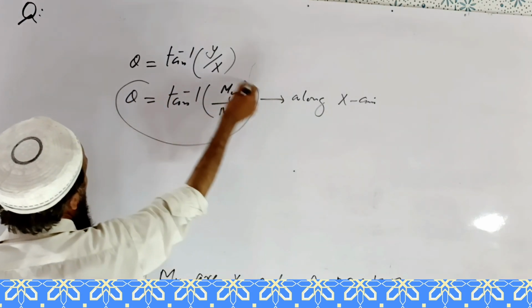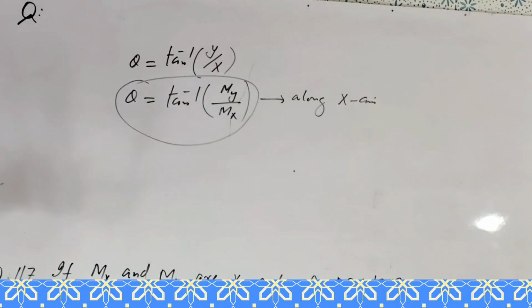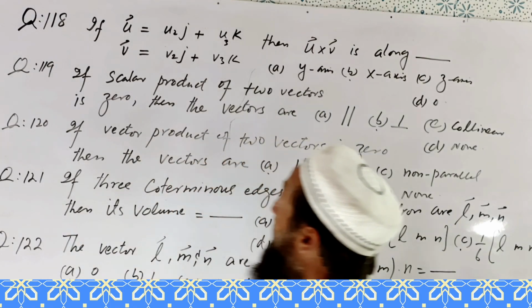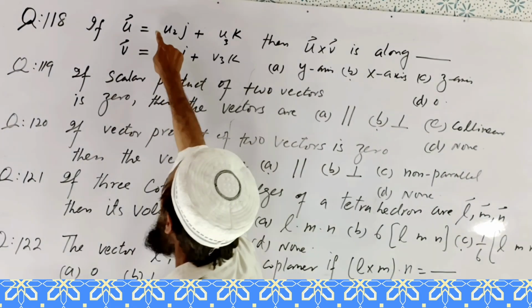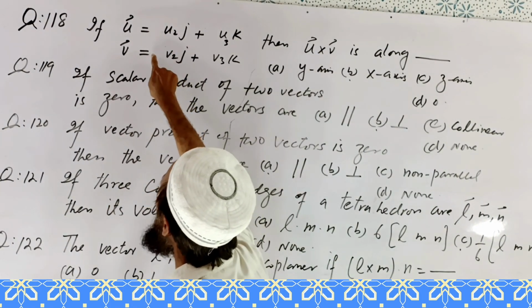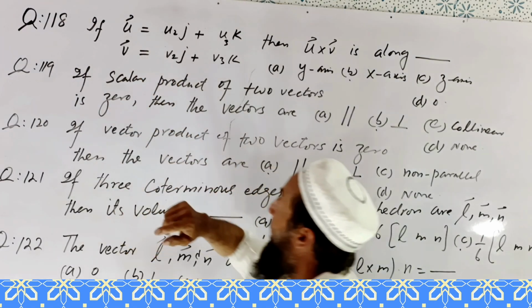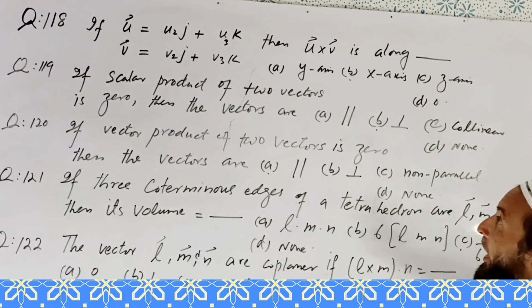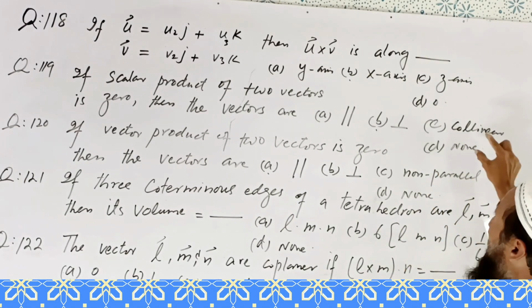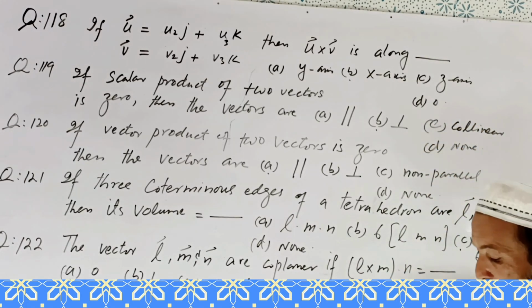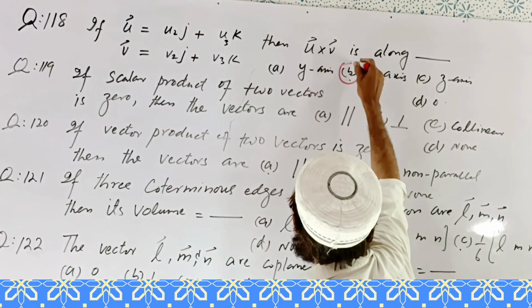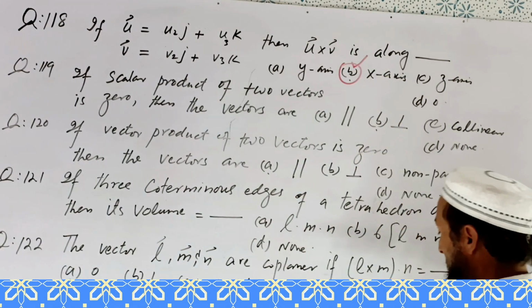So you check this answer in the options, and in the vector u1 i and v1 j are both absent. Automatically, if i is absent, it makes it along the x-axis, so that answer is correct. How?